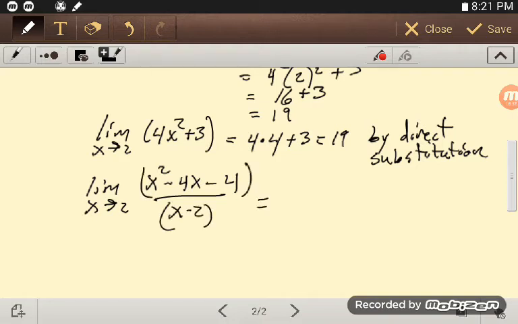Now, if I try to do direct substitution, right, I get 0 minus 8.